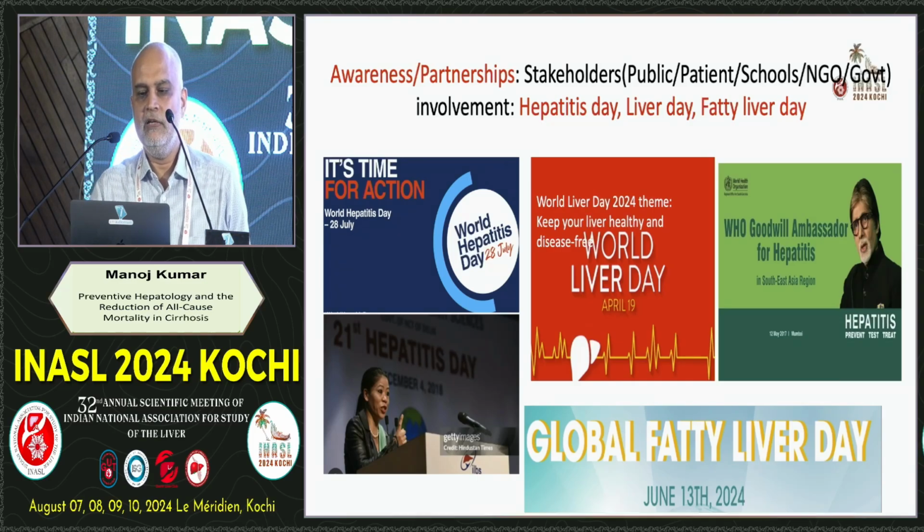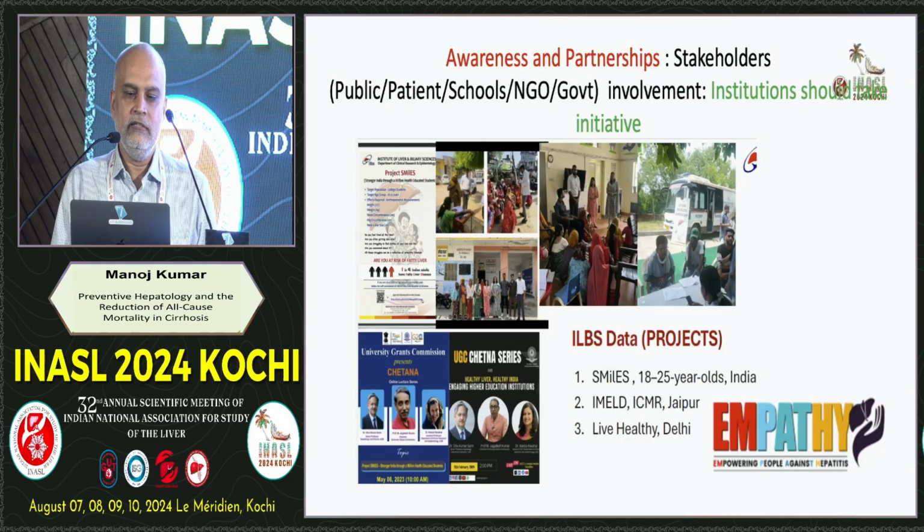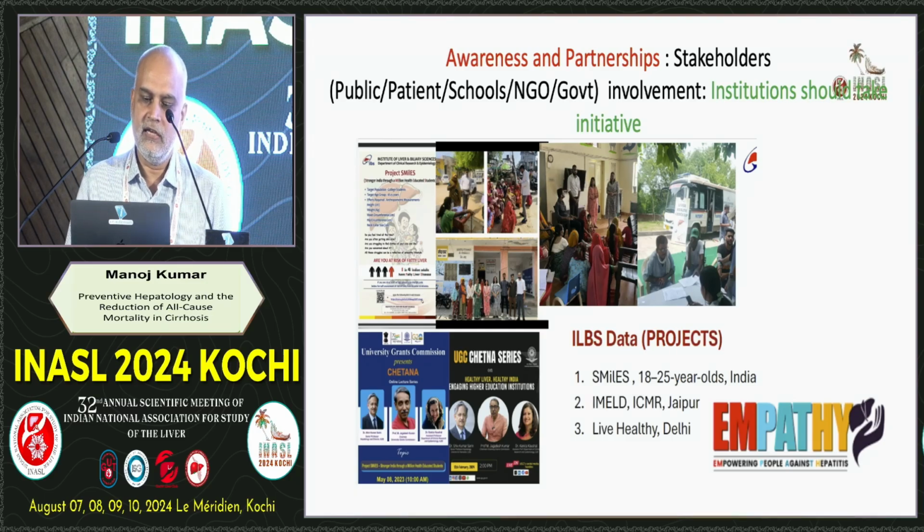Stakeholders, public, patients, schools, NGOs, government should be involved. We have Hepatitis Day, Liver Day, Fatty Liver Day. Similarly, all institutions should play their role in awareness and partnership. For example, ILBS is doing its own programs in its own way: Smiles, iMeld, Empathy, etc.